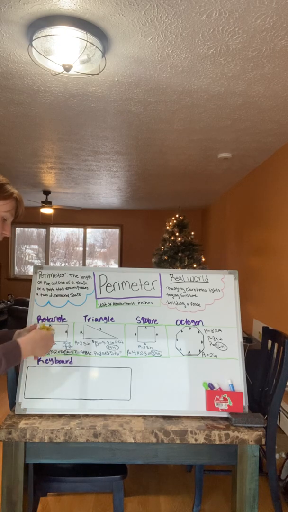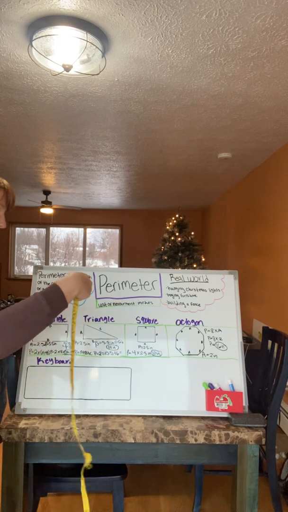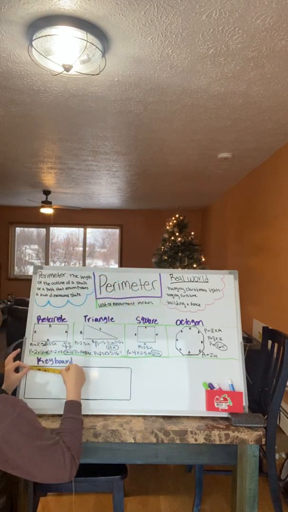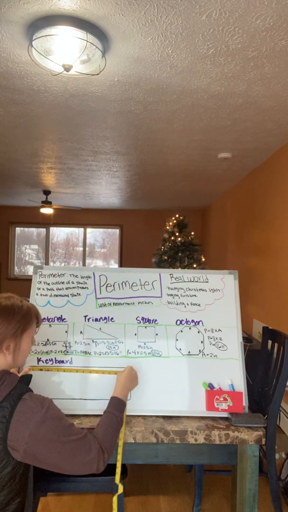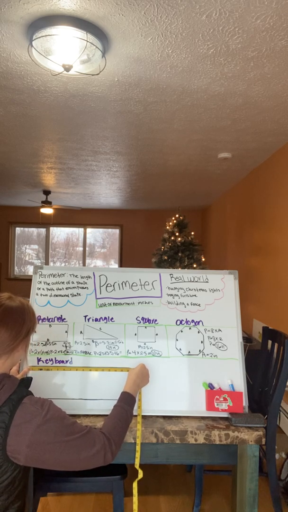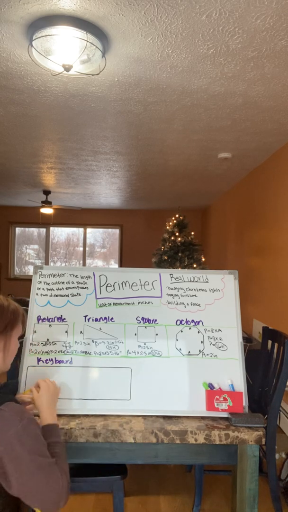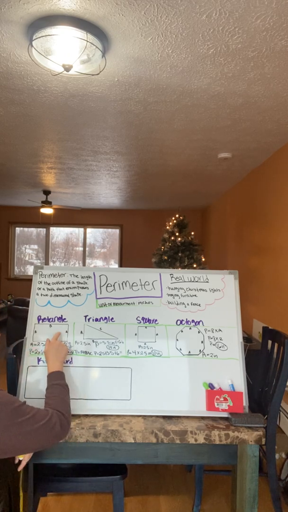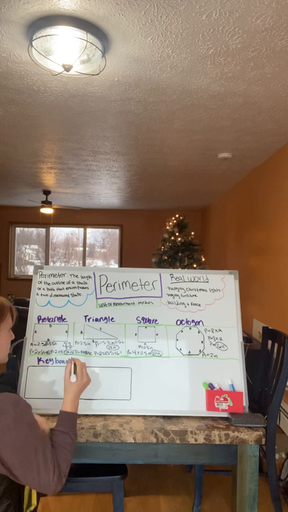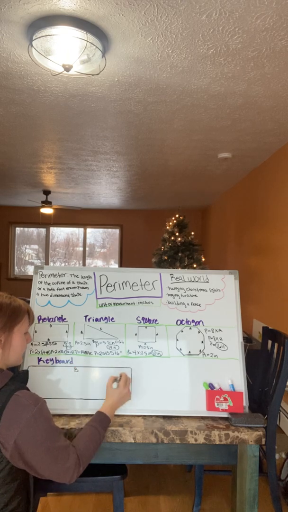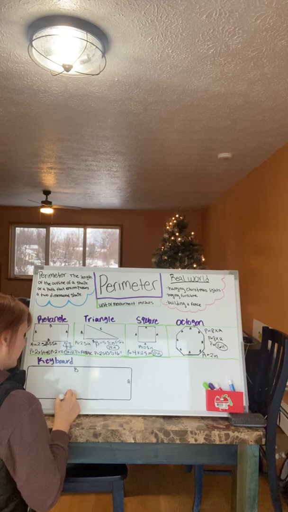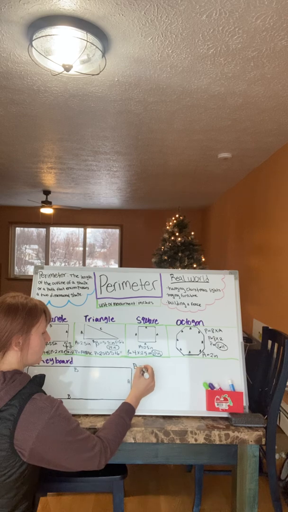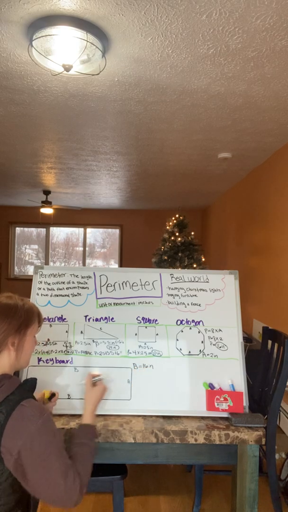So let's take our keyboard and our handy dandy tape measure. We are going to measure out 16 inches. And this shape looks pretty similar to this shape up here. So I'm going to go B, A, B, A. So for this top one, we know B equals 16 inches.